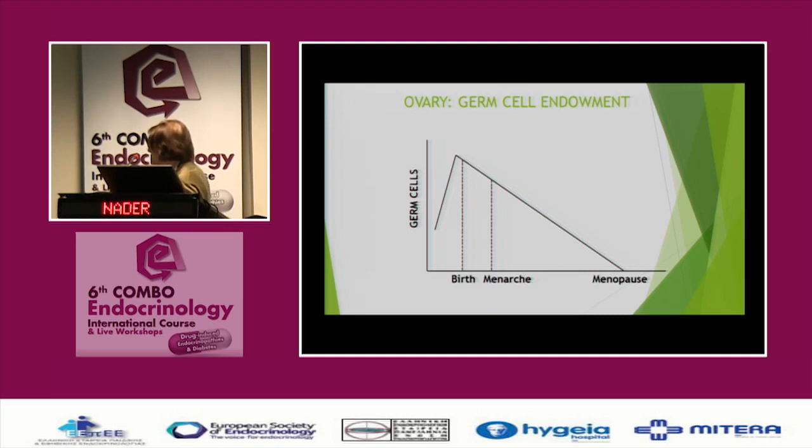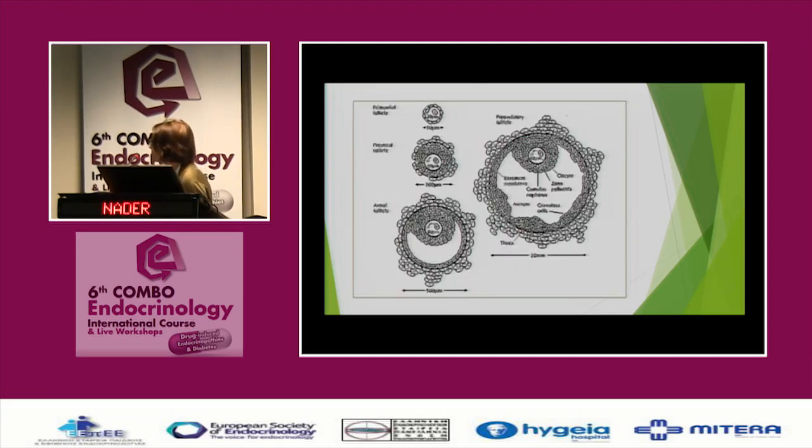So between menarche and menopause, we talk about the reproductive years where all systems are go, and the ovary should be producing follicles and mature Graafian follicles. So the primordial follicles, which exist in the ovary, over months develop into pre-antral follicles, and then over time they become early antral follicles, and then medium-sized antral follicles, and finally become the ripe, mature Graafian follicle with which we are all familiar.